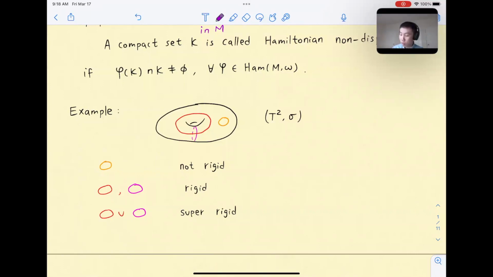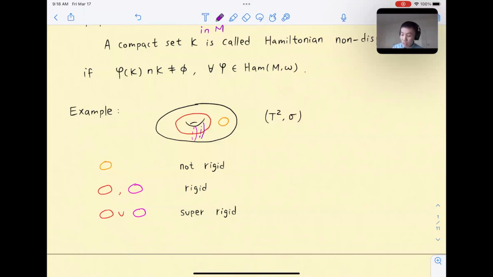However, we could have two parallel pink circles; they could be pairwise disjoint. Each of them itself is non-displaceable, but somehow they don't talk with each other.